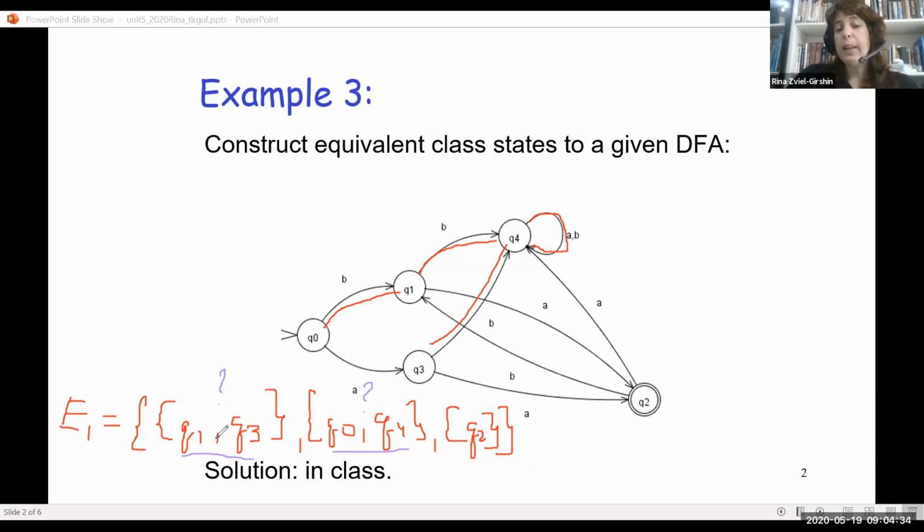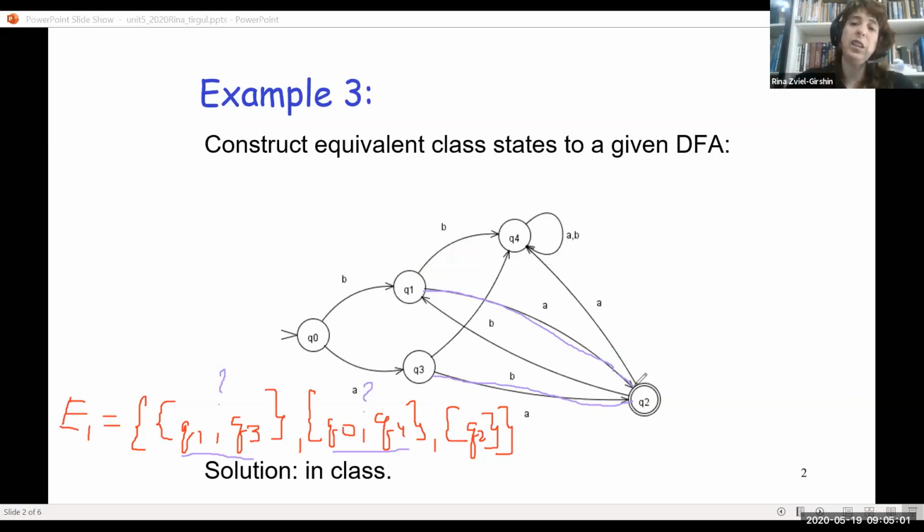So basically, I can start with Q1 and Q3, but I already know that I can't separate them. Let's talk about why I can't separate Q1 and Q3. Q1 on input A and Q3 on input A went to the same state, Q2.